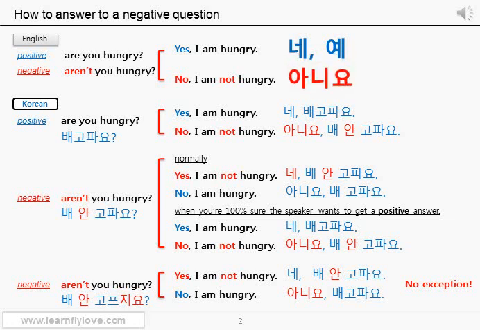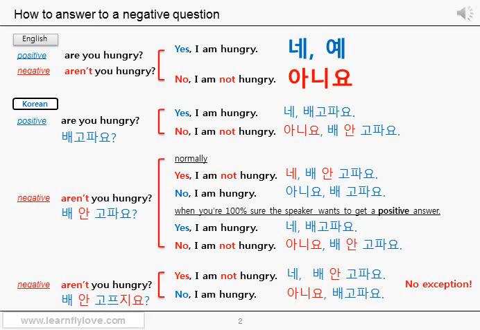No is 아니요. It's from the Korean adjective 아니다, which means to be not, that we learned a couple of pages before. But 아니요 is not an adjective nor conjugated from the adjective 아니다. So just memorize the entire 아니요 itself.